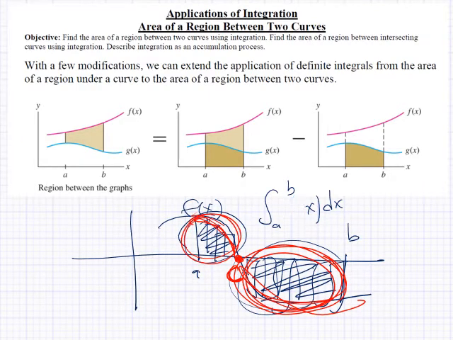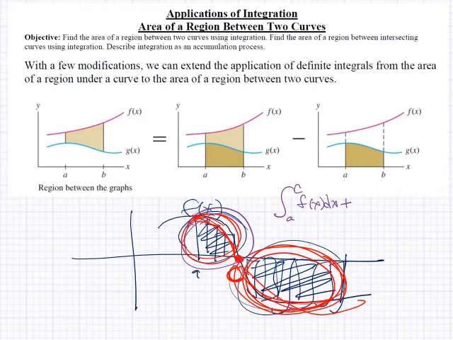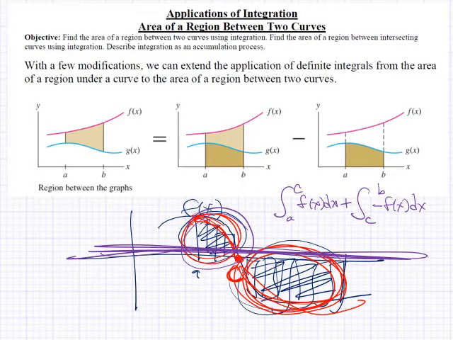And so the way we would actually find the area here would be to do the integral from a to c of f of x dx, no correction needed, it's all above the x-axis, plus the integral from c to b of negative f of x dx. And so knowing how your function behaves with respect to the x-axis is extremely important when you're finding area back in Calc 1.